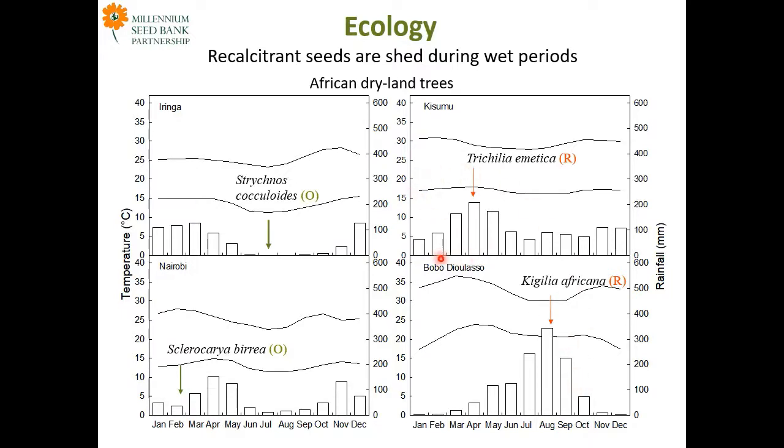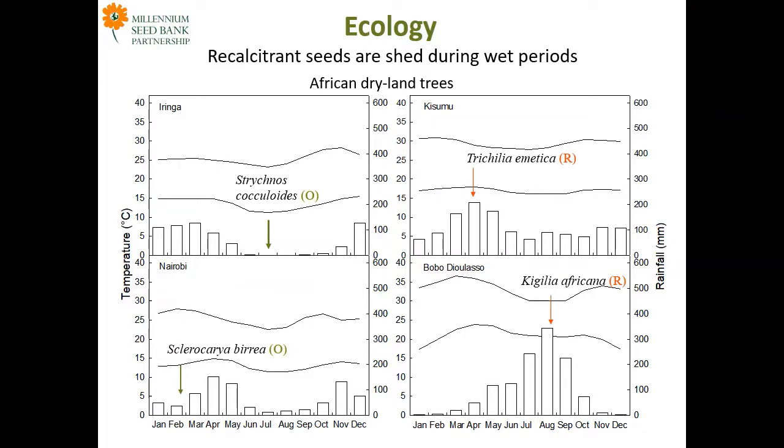You can see here, the bar graph shows rainfall, and the arrows are where these species actually are known to shed their seeds. And these species actually have desiccation-sensitive seeds.